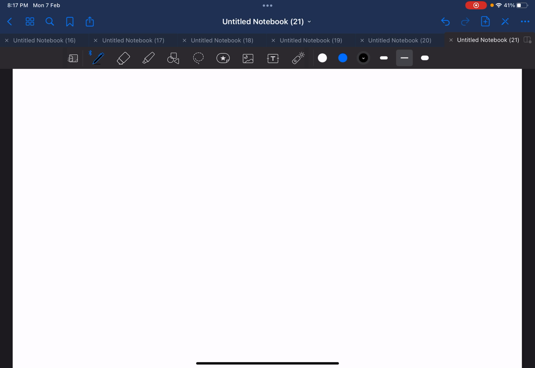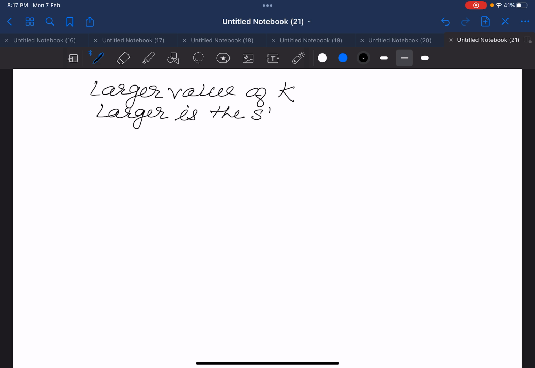Larger the value of K, larger is the stability.